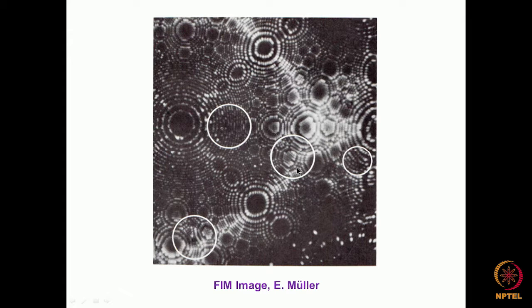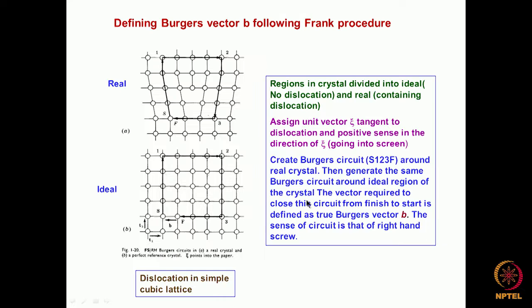If you see, there is an extra plane which comes in this region. This is an indication that there's a dislocation present. So in all these circled regions, if you look at it, there will be some extra layer of bright atoms coming. This is one example, that using atom probe we can do it.